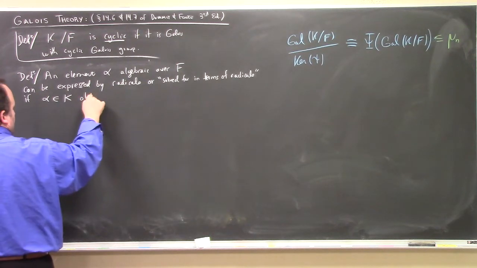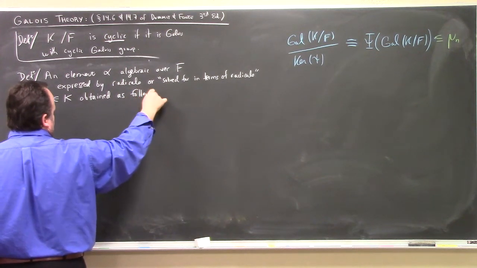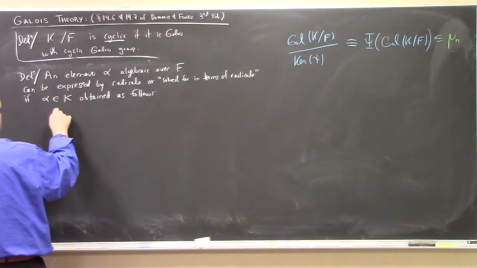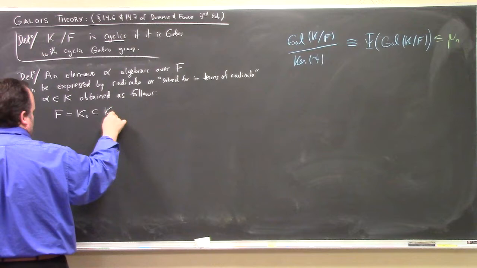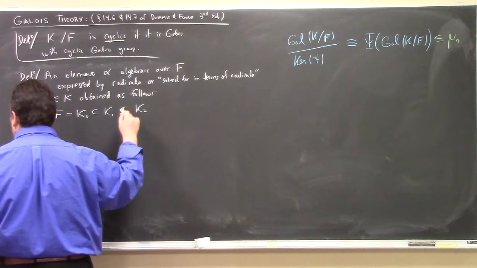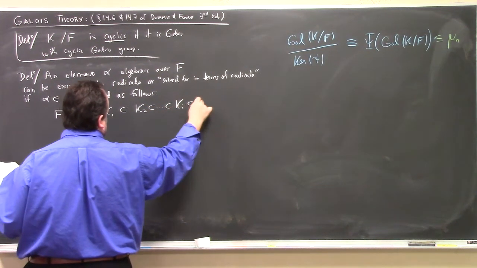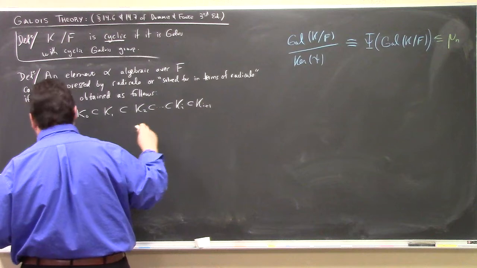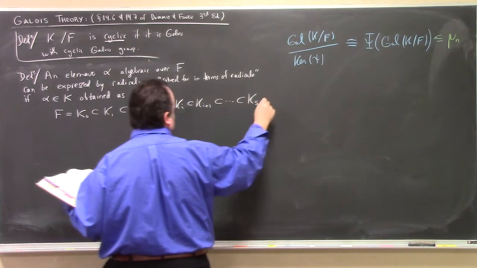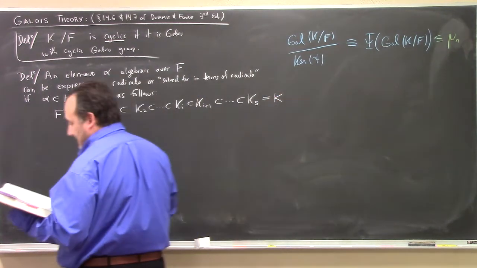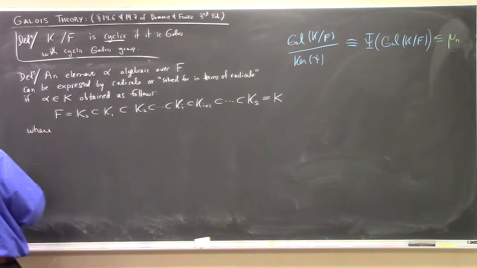So F is K0, a subset of K1, a subset of K2, and so on, subset Ki, subset of Ki+1, subset of Ks equals K. This is kind of how we do the rationals and the reals.